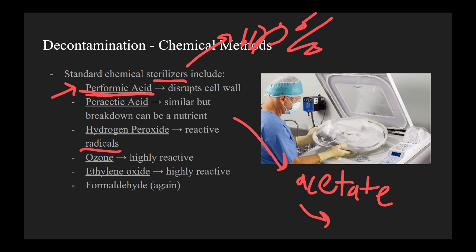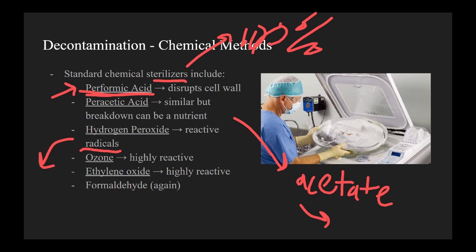So then we have hydrogen peroxide. We have what's called radicals. If you know chemistry, they create oxygen radicals, reactive oxygen species. These are like oxygen atoms with unpaired electrons that are highly reactive. They'll go and oxidize a bunch of things and destroy them pretty much in the cell. And ozone is kind of the same idea.